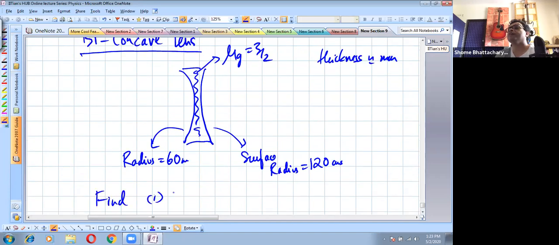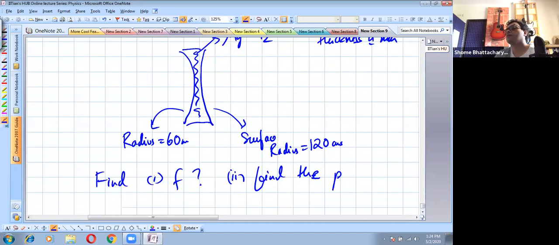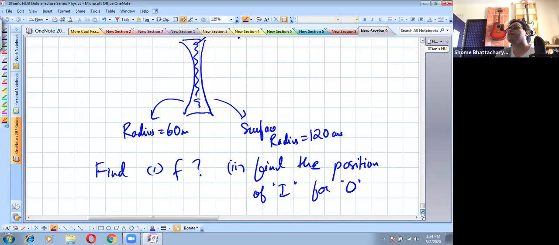In fact, now what we'll do is we'll find the focal length firstly, and second, find the position of the image for the point object which is shown below in the diagram.